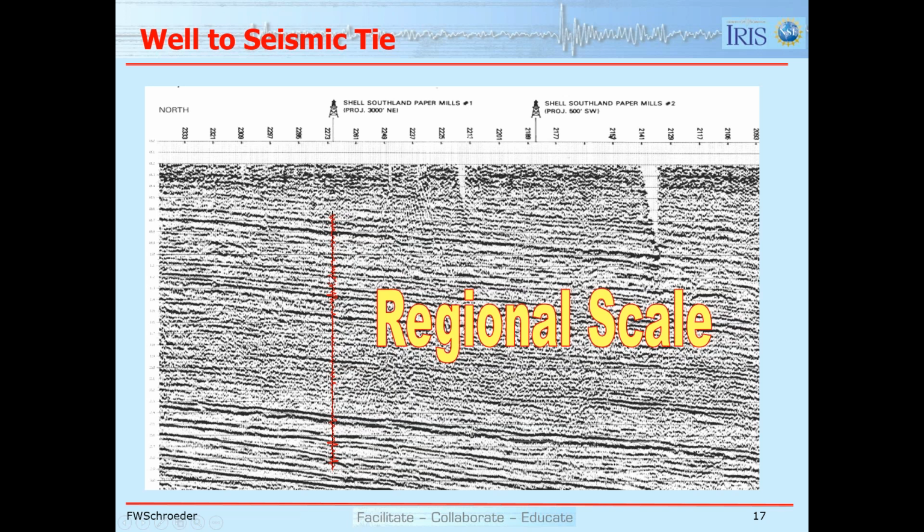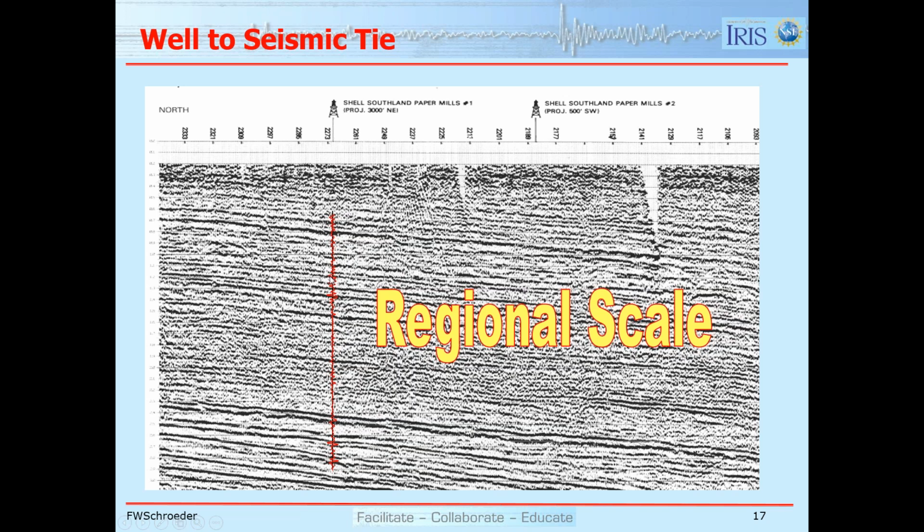And so I, for one, am cautious about using a high cross correlation value to quantify how good the tie is, or if how I have positioned the synthetic is proper, as opposed to maybe moving it up a few milliseconds or moving it down.